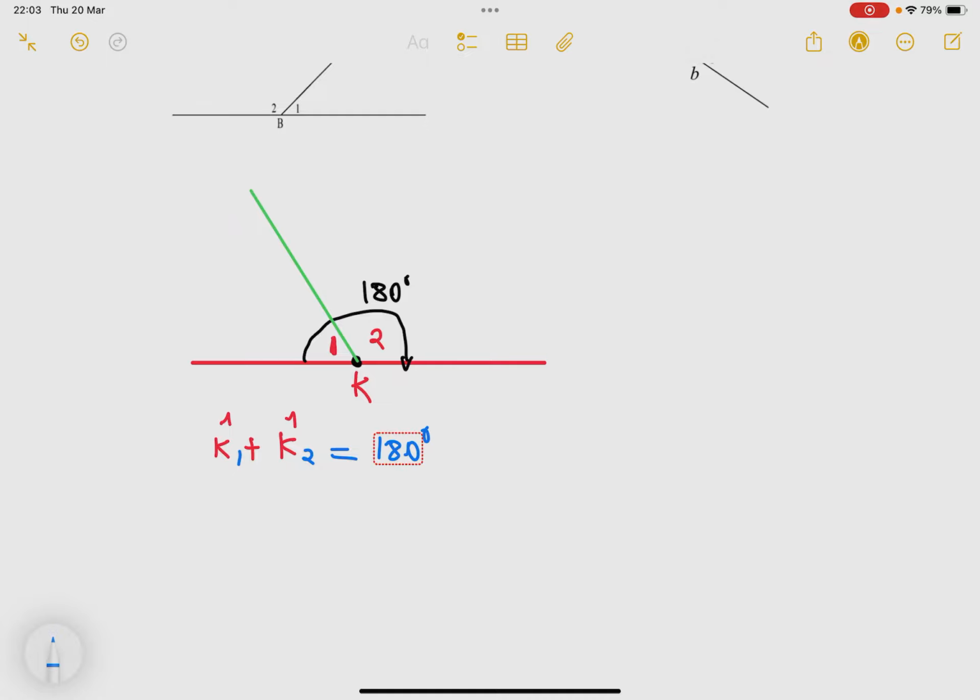So it's important for you to know this. And the reason that you're going to give is: angles on a straight line. So angles that are on a straight line add up to 180 degrees.